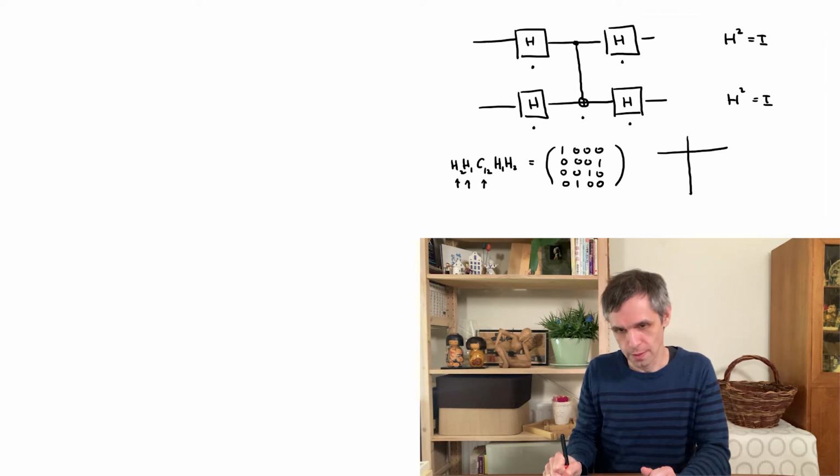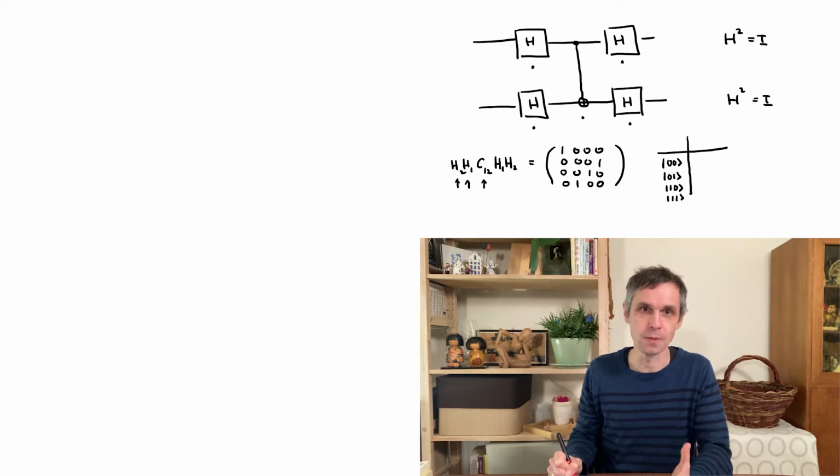So I'm going to write down the different basis states, which correspond to different basis vectors. And I can multiply these vectors and obtain certain results that I can convert back into quantum states. And in particular, we see that the first state will not be changed.